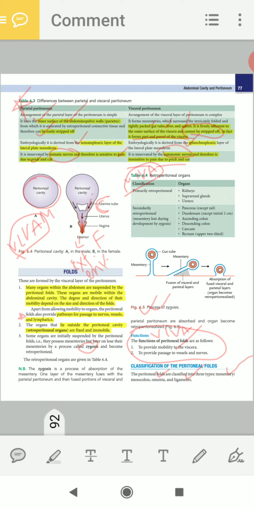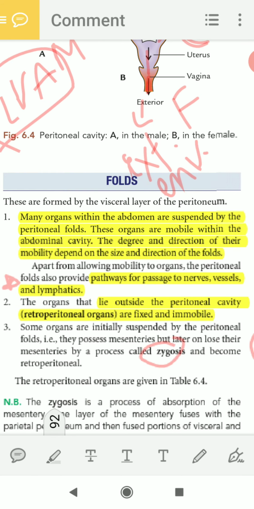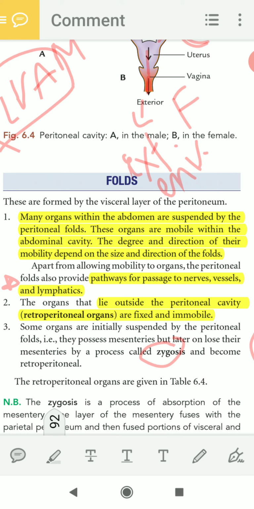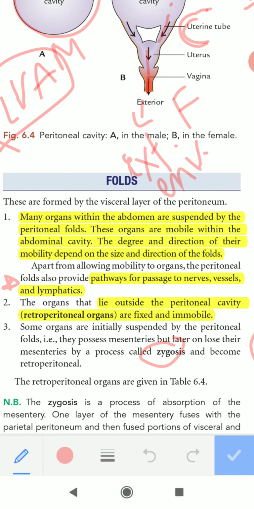Now we'll learn something about the mesentery, or peritoneal folds. So many organs within the abdomen are suspended by the peritoneal folds. These organs are mobile within the abdominal cavity, and the degree and direction of their mobility depends on the size and direction of the fold.